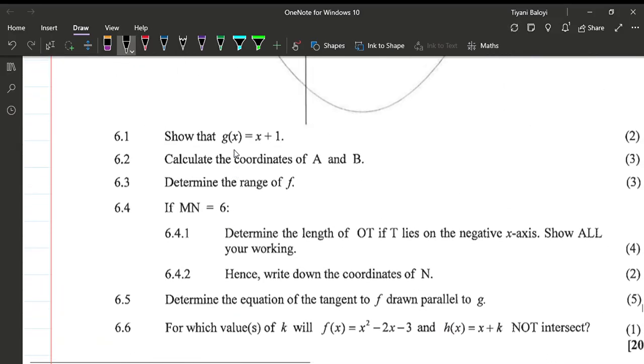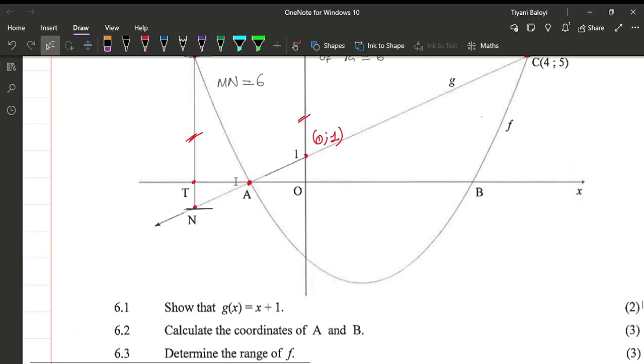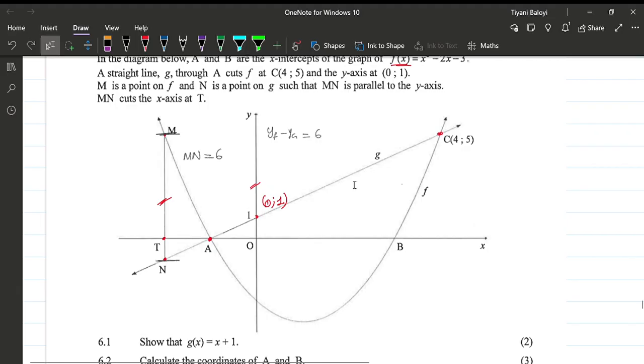It says determine the equation of the tangent to f drawn parallel to g. Okay, so let's work a little bit here. A tangent is a straight line that touches a function at one point, or a graph at one point.